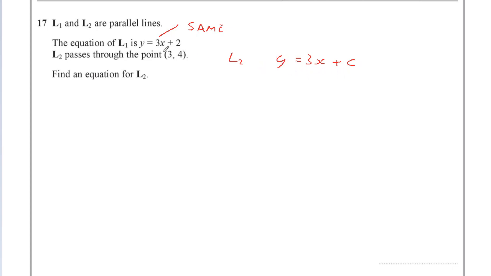And we've got the values for x and y, the point they go through, so we can write 4 equals 3 times 3 plus c. That's going to be 9. Take the 9 this side. 4 minus 9 is going to be minus 5. Popping that back into this gives us y equals 3x minus 5. Done.